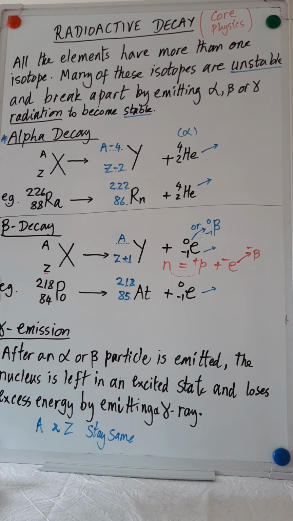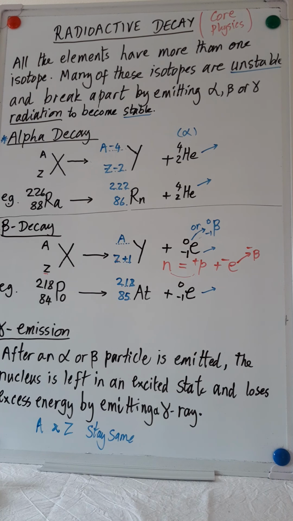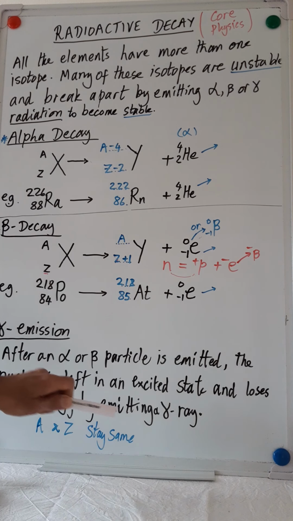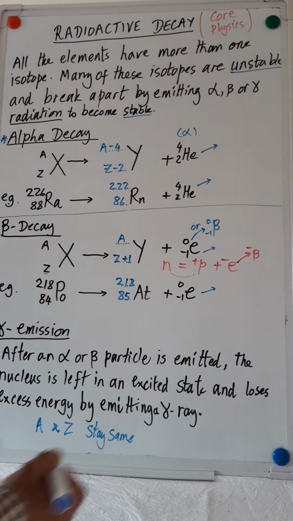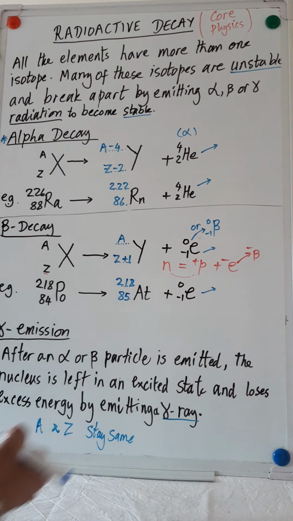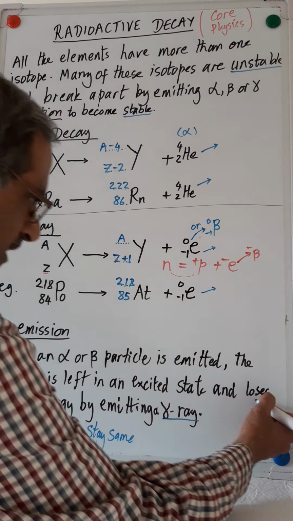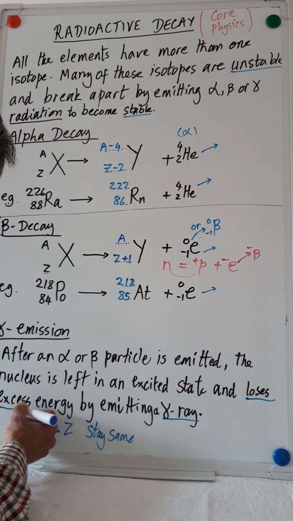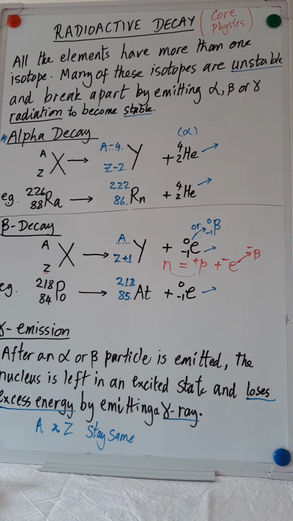And these particles, they jiggle about to try to equalize their potential. And they get rid of their extra energy by emitting gamma rays. So this is what gamma emission is. It loses excess energy by emitting gamma rays, because gamma ray is electromagnetic waves of high energy.